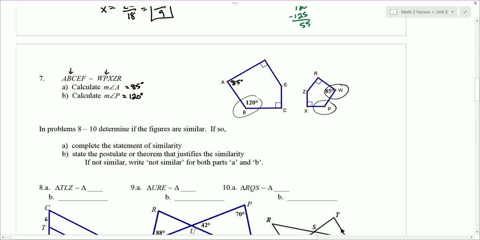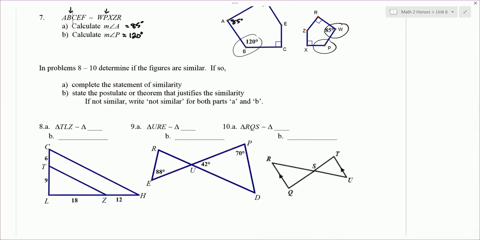In problems 8 through 10, determine if the figures are similar. If so, complete the statement of similarity, and then B, state the postulate or theorem that justifies the similarity.